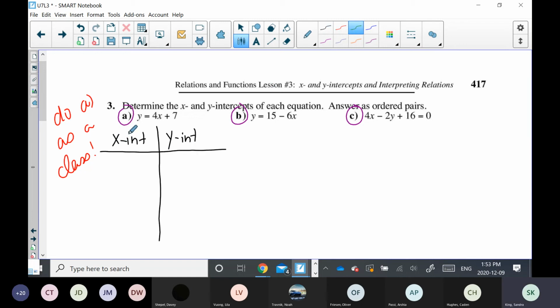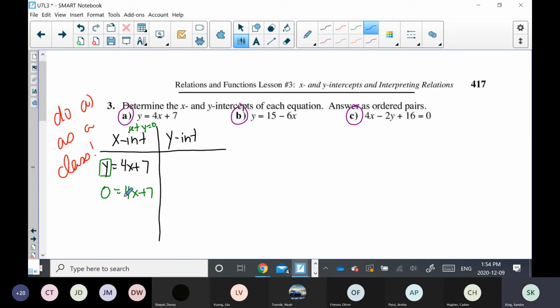When you're solving an X-intercept, let Y equal 0. So write down the equation. And then take out your Y. And if I'm solving an X-intercept, I got to let Y equal 0.